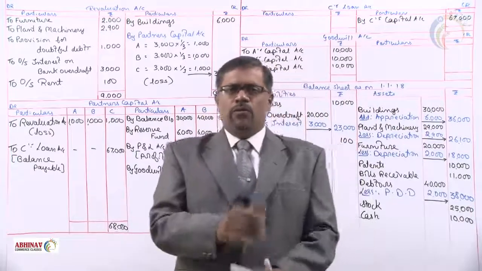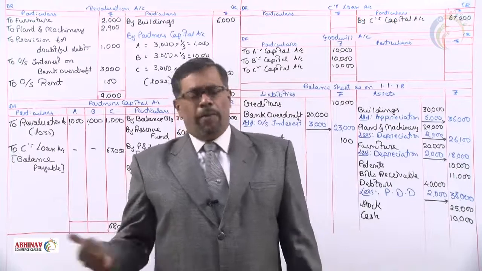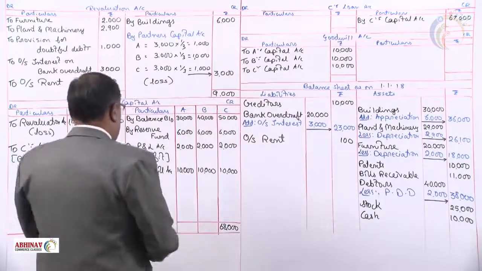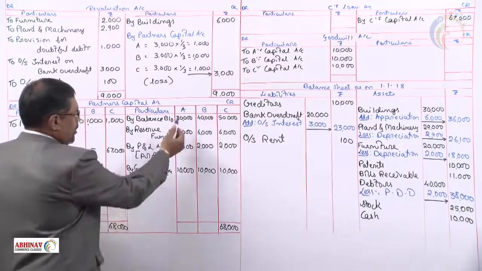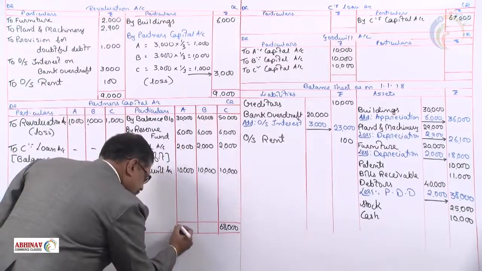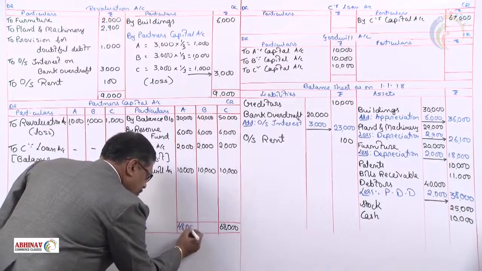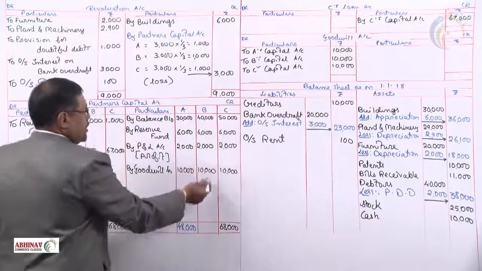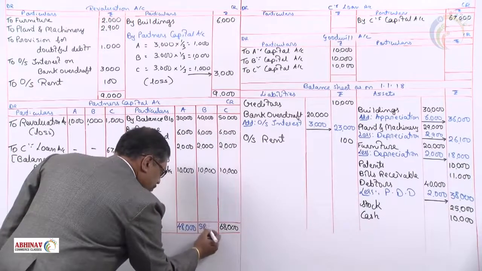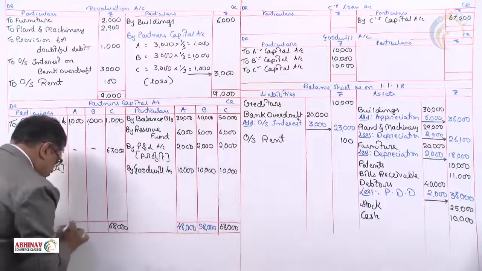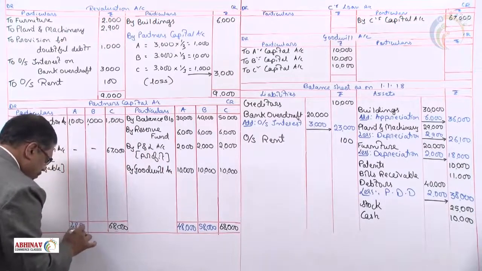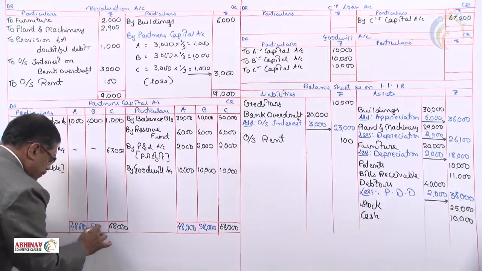Now, once you finish this, we'll balance the remaining partners, A and B. A's total 36 and 2, 38, and 10, 48. This is 58,000. So that's going to be 48 and 58.